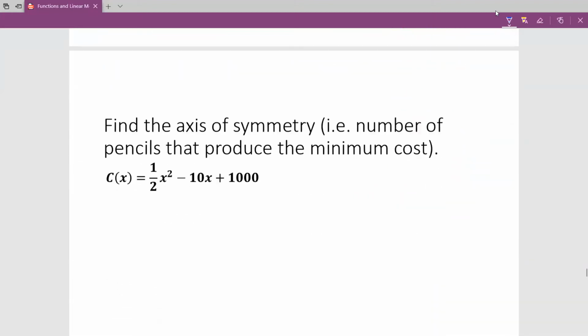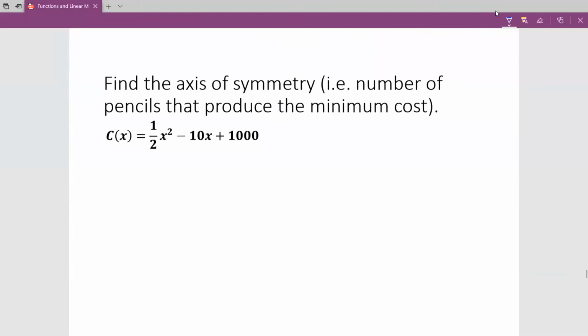So let's find the axis of symmetry, which would be the number of pencils that produces the minimum cost. x equals -b over 2a, which equals -(-10) over 2 times 1/2, which equals 10. So the optimal number of pencils is 10.